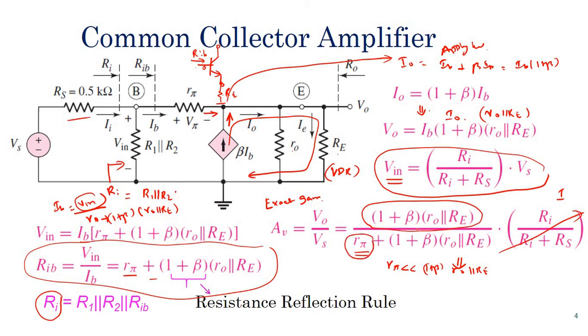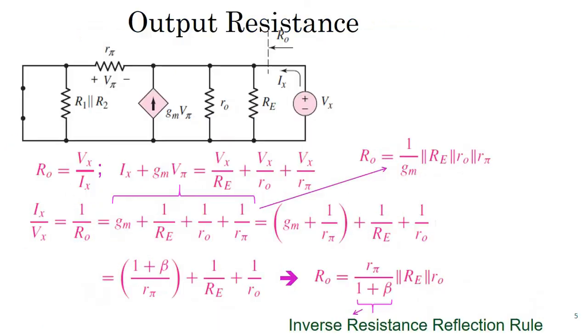So 1 plus beta into R naught parallel Re divided by 1 plus beta R naught parallel Re, this whole term can be cancelled and you will get 1. So voltage gain is 1, which you can call a voltage buffer. Whatever you give at the input will be available at the output. You will not attain any gain. That's why it is called a voltage buffer.